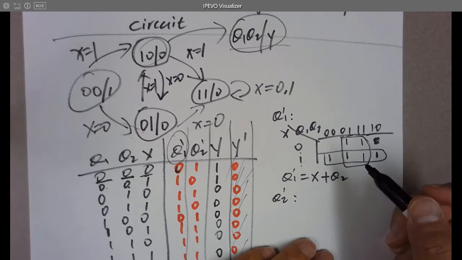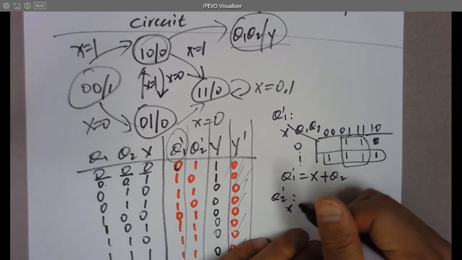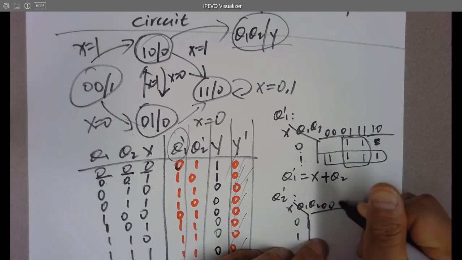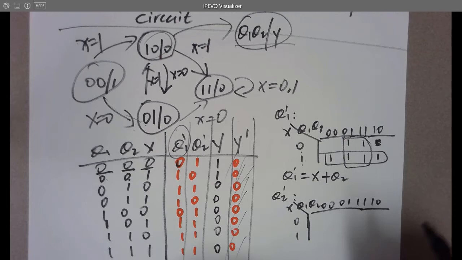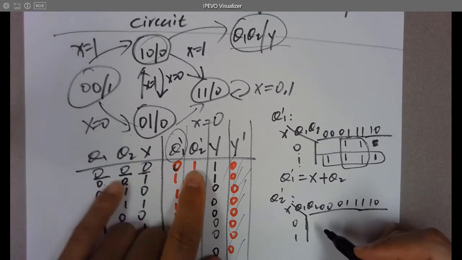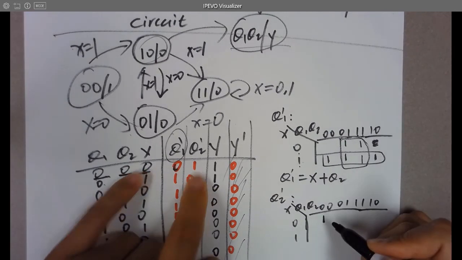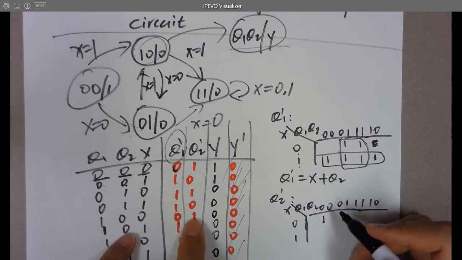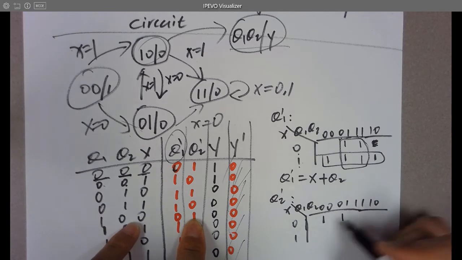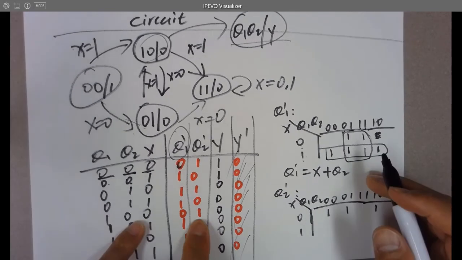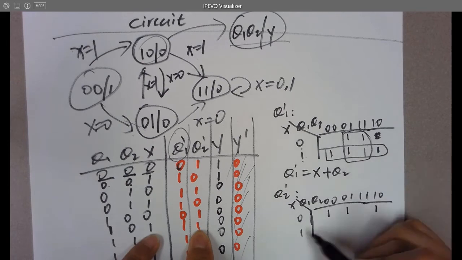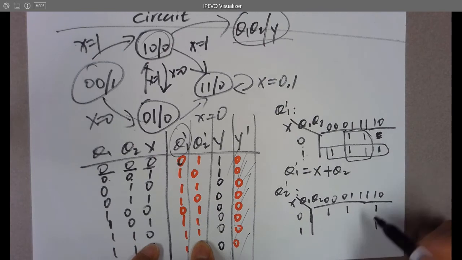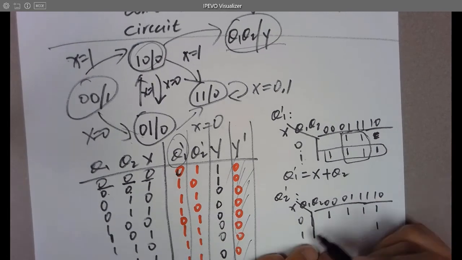Q2 prime, just do it in the same way. X, Q1, Q2. 0, 1, 0, 0, 0, 1, 1, 1, 1, 0. Now let's see. Q2 prime. The first one, 0, 0, 0. This one, 0, 0, 1, and this one 0, 1, 0, and this one 1, 1, 0, and this one 0, 1, 1, and this one 1, 1.